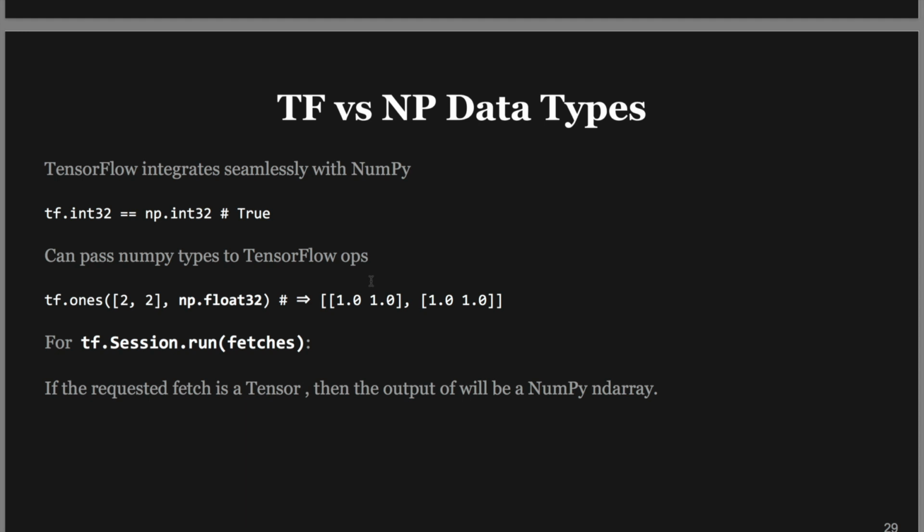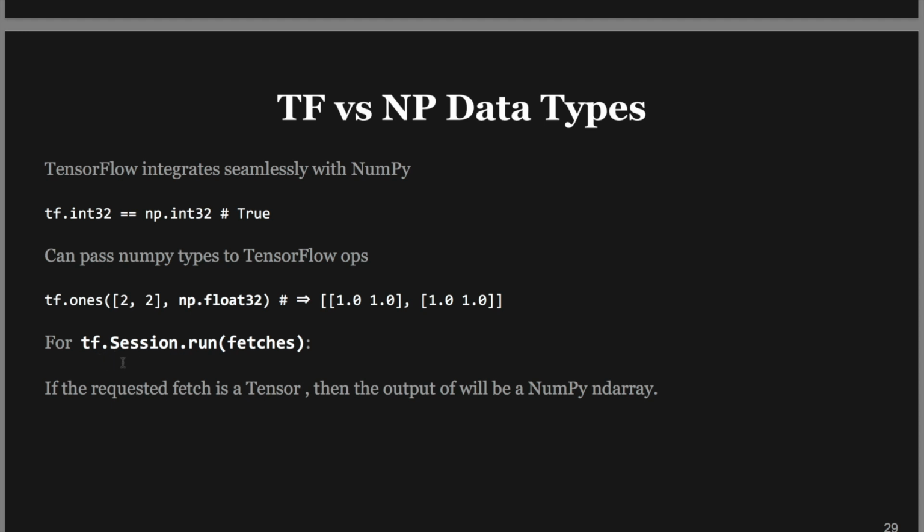So the tf.int32 is exactly the same data type as np.int32, so that can be used interchangeably. And also, instead of providing the dtype out here as tf.float32, you can provide np.float32. TensorFlow would play well with that.